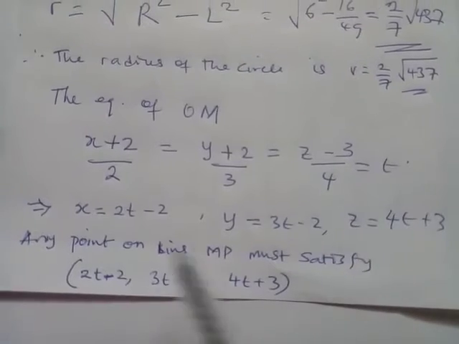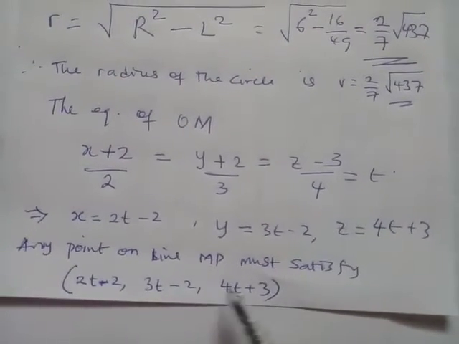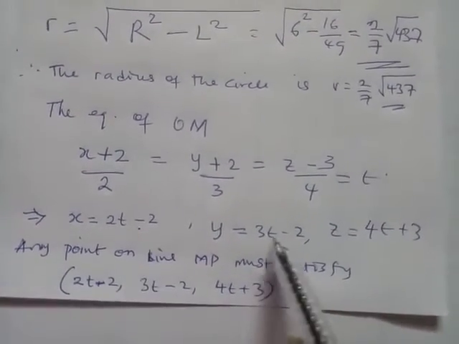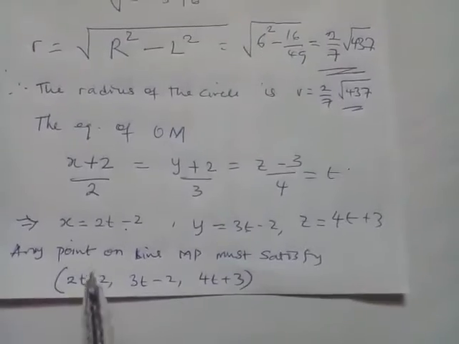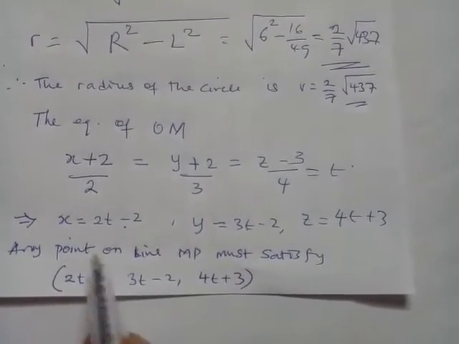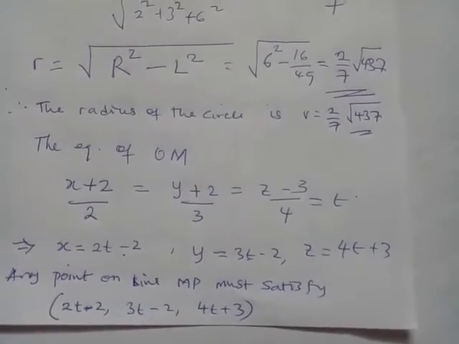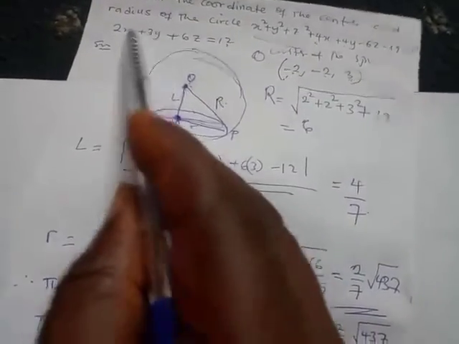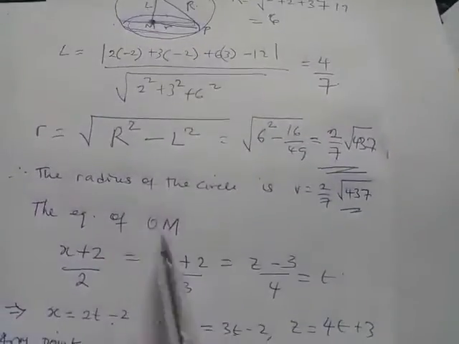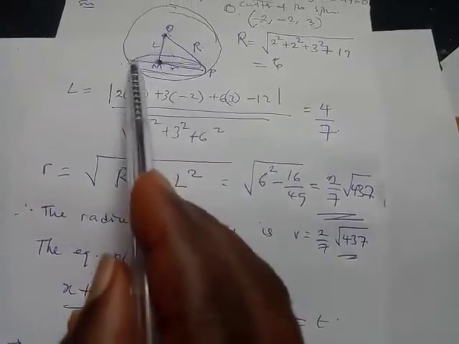As we have it here, any point on that line MP must satisfy x, y, z. Although we don't know, we will now assume that this point is our 2t x, y, z. Now we know that this plane is also a plane on this line.